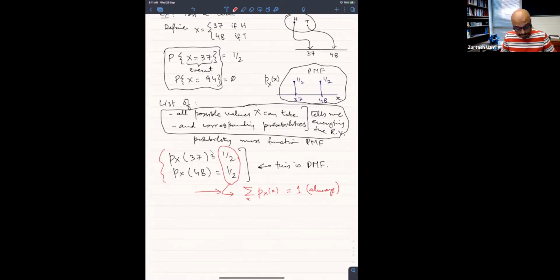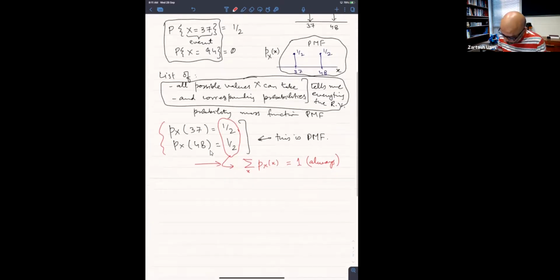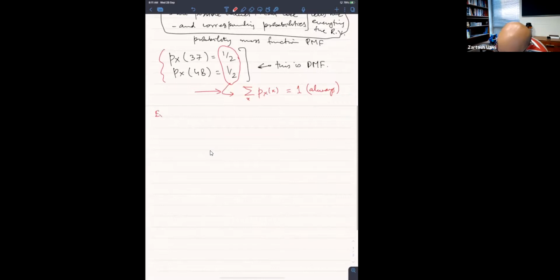Okay. So one more example here. Toss a coin repeatedly at most n times, or until a head appears. Important to note this is at most n times.